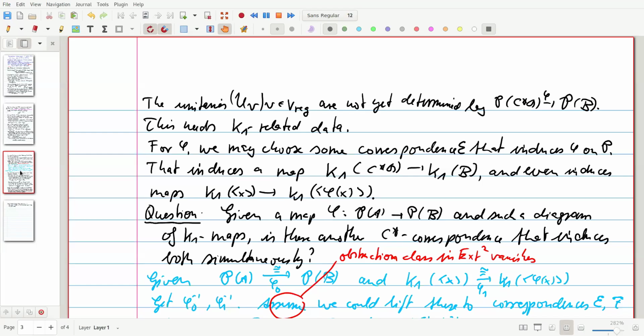And in that case, there is a classification using some obstruction class in Ext2. And there might be a different invariant, which is more complicated and has length 1 resolutions. And then you have two different classification results, but they both have their pluses and minuses. You could either use a more complicated primary invariant, or you could use a simpler invariant plus an obstruction class, which may or may not be simpler from your point of view.